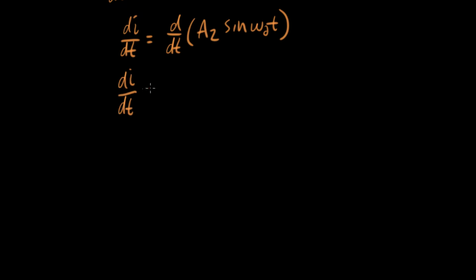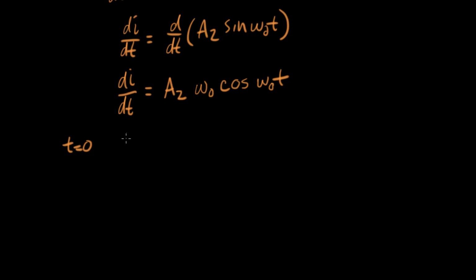We get di dt equals A2 comes out of the derivative. And the derivative of sine omega naught t with respect to t is omega naught times cosine omega naught t. And we apply our initial condition. Let's go to t equals 0.